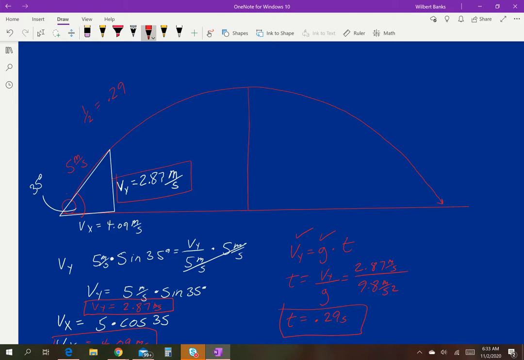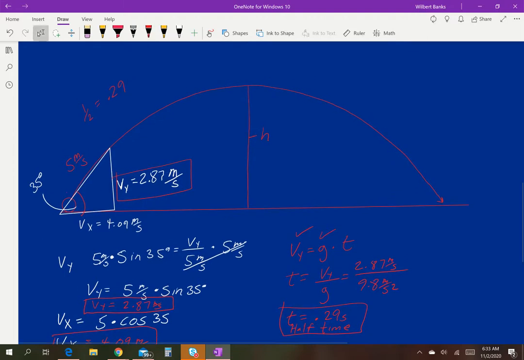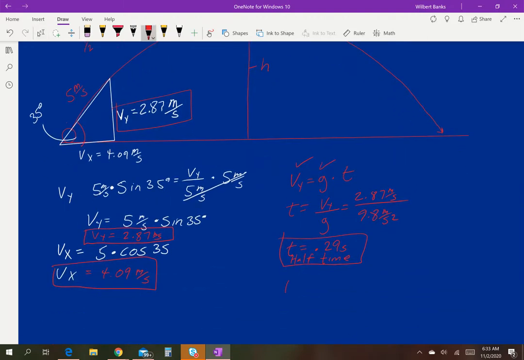And now I can use that to figure out my height, my dy. Also, I can just take that and multiply by 2 to figure out my full time. So my full time, let's multiply this by 2 in my calculator, is 0.59 rounded off.